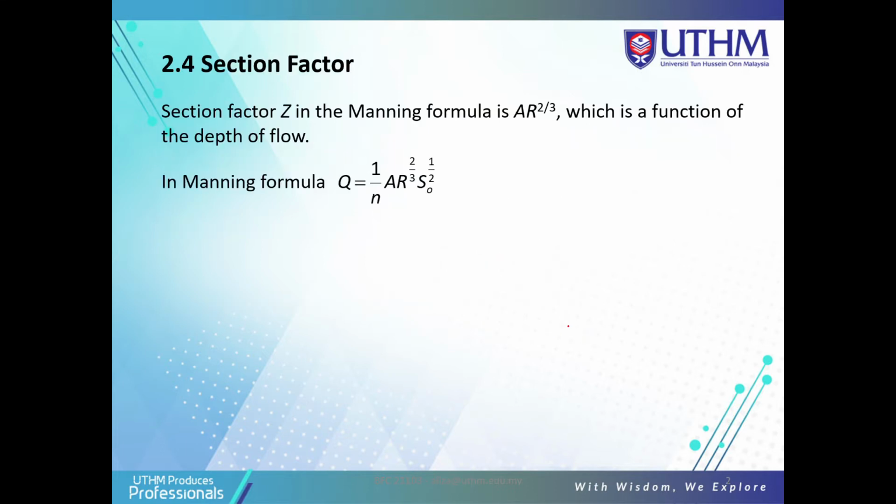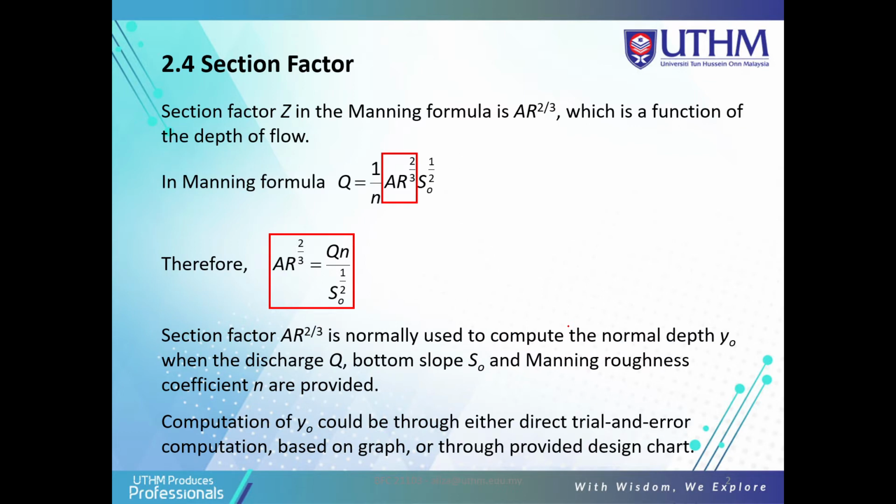So the section factor Z. In 2.3, the conveyance factor K, we also have the section factor Z. In the Manning formula it is A R power of 2 over 3, which is a function of the depth of flow. So A R power of 2 over 3 is from Manning.